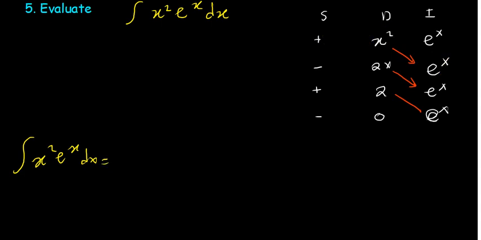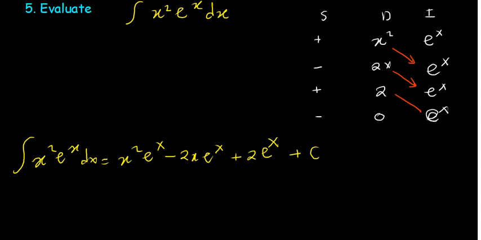That is going to give x squared e to the power x. And then you have got a negative by this, also by that. That is going to give negative 2x e to the power x. We have got a positive by 2 by e to the power x. That is going to give us a positive 2 e to the power x. All we do is add the constant of integration c.